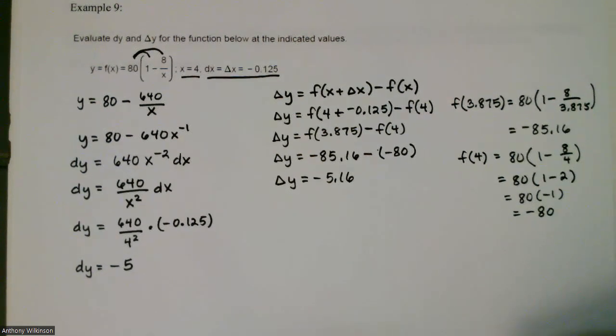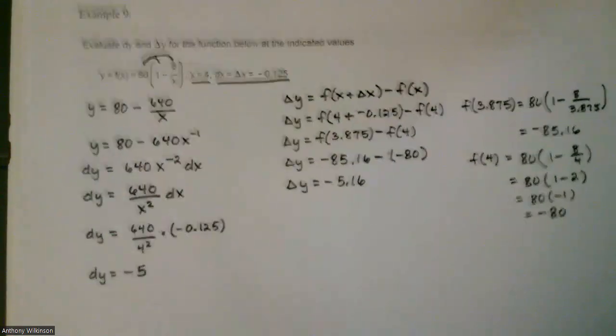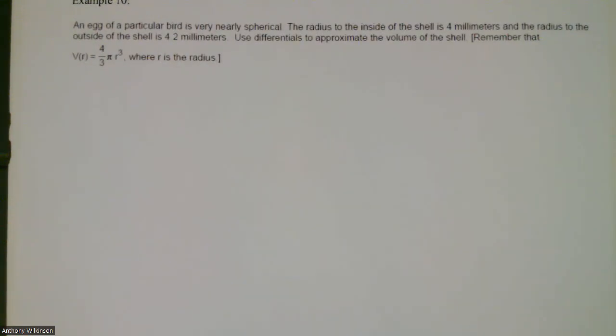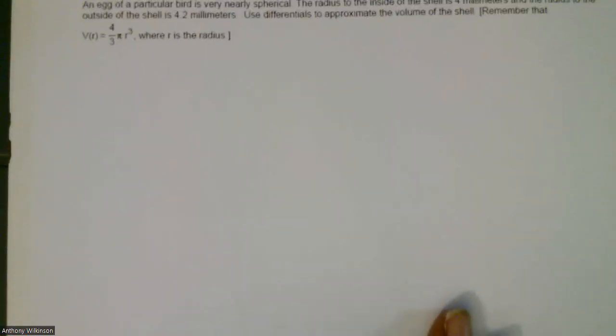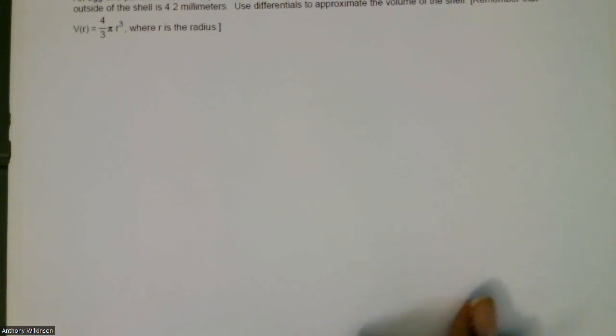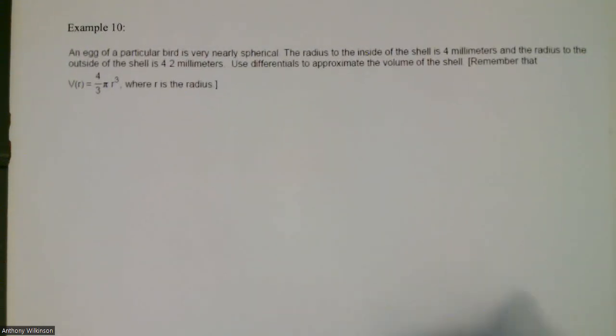Okay. All right, now let's look at some applications dealing with differentials. This is the last example in this video. And it says here that an egg of a particular bird is very nearly spherical.